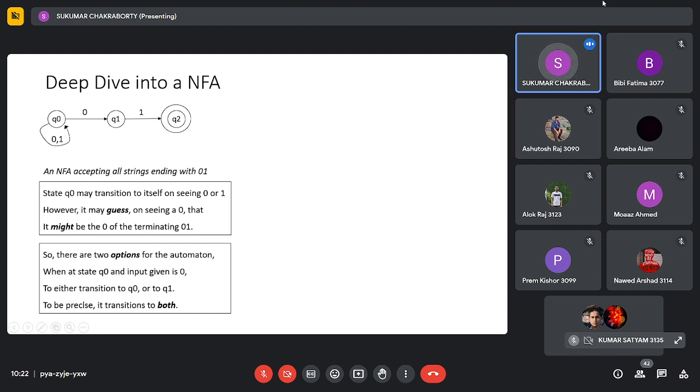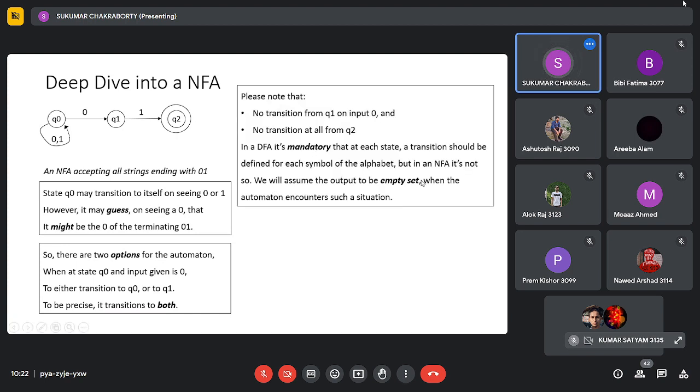To be precise, it transitions to both. So the current state after Q0, if you feed the machine with a 0, is both Q0 and Q1. We will see this in a pictorial way.